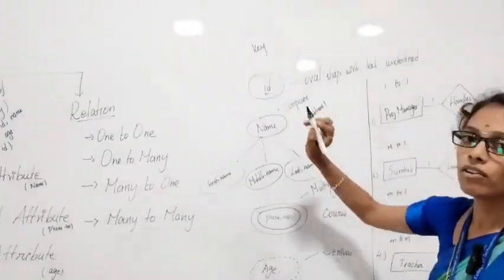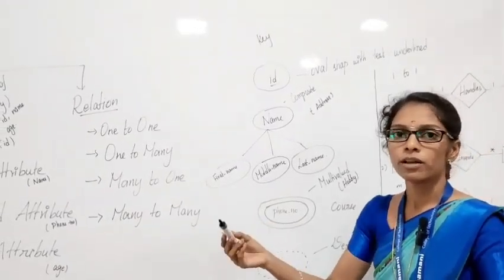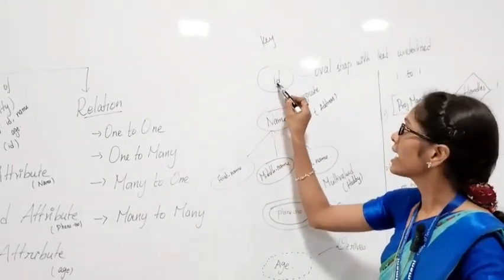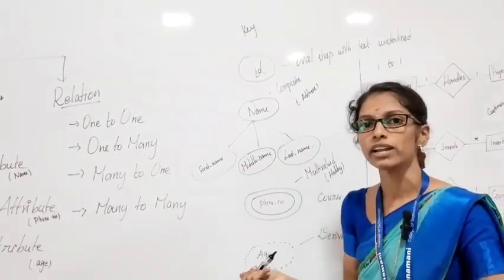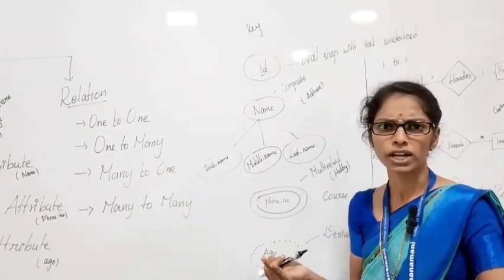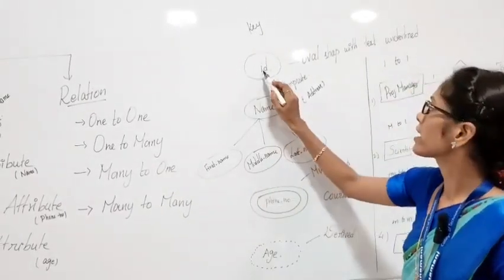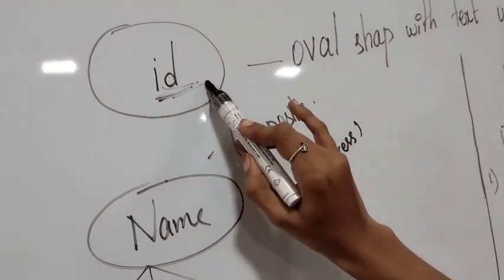That is the key. There may be 2 Darshinis or 2 Aruns, some names may be repeated, but the IDs will not be repeated. The register number will not be repeated for anyone. Then you have an account number, right? Does anyone have a repeated account number? No. These are called key attributes, which will not repeat.